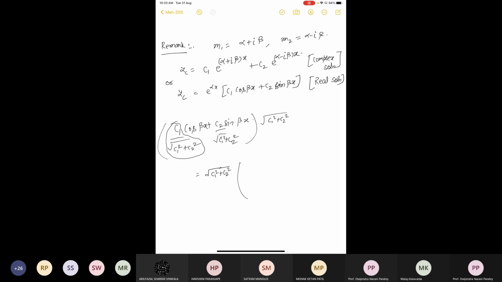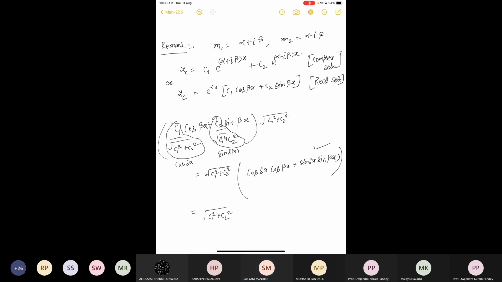So I can assume c1 over under root c1 squared plus c2 squared as cos of delta, and c2 over under root c1 squared plus c2 squared, you can easily prove, is nothing but sine of delta. So I can write it as under root c1 squared plus c2 squared times (cos delta cos beta x plus sine delta sine beta x). Is it okay if I'm writing like this?